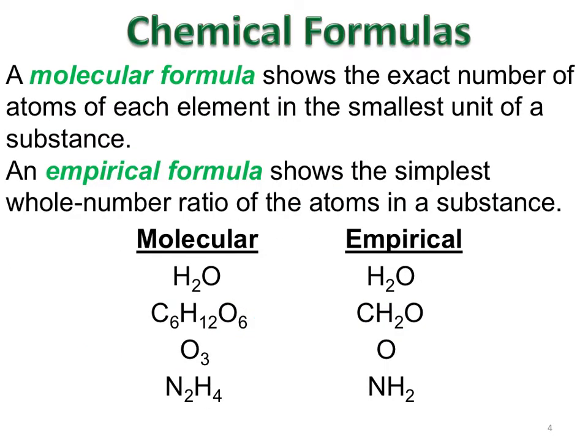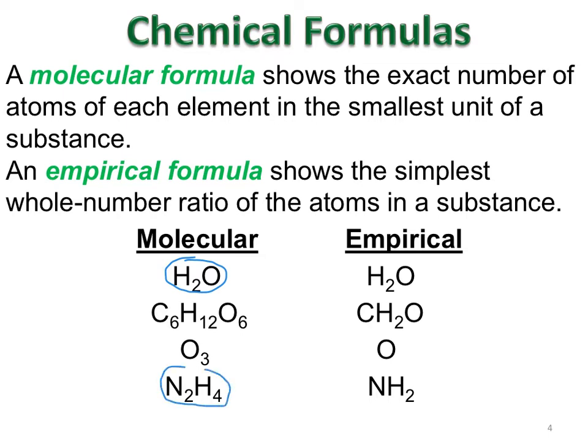Chemical formulas. A molecular formula shows the exact number of atoms of each element in a molecule in the smallest unit of that substance. For example, water is H2O. And we know that each water molecule has 2 hydrogens and 1 oxygen.